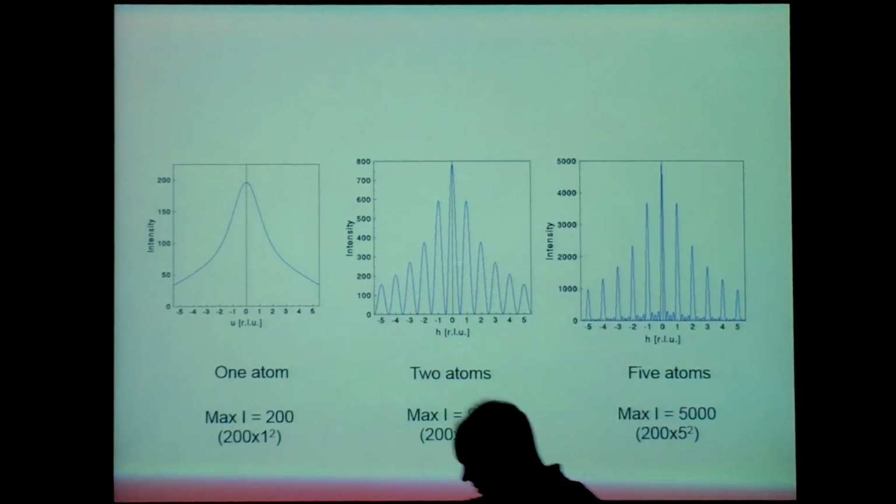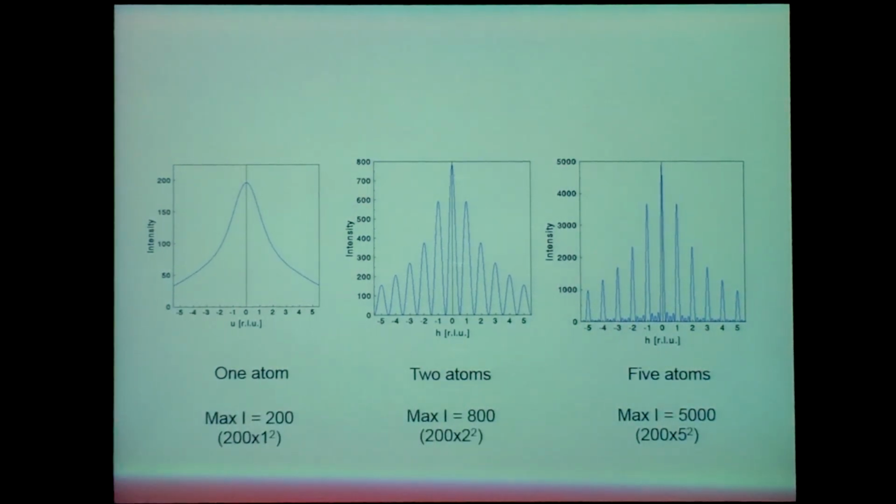So the increased intensity that we get when we have a repeating unit in there is proportional to the square of the repeating units.